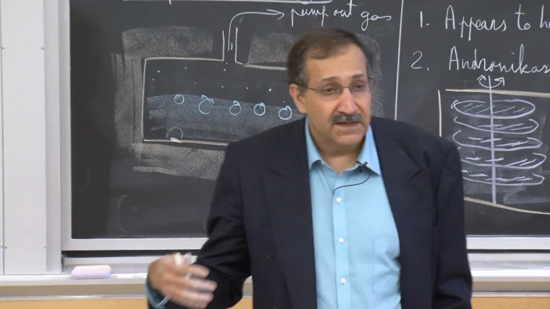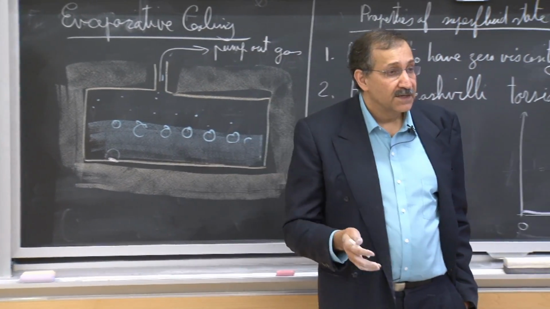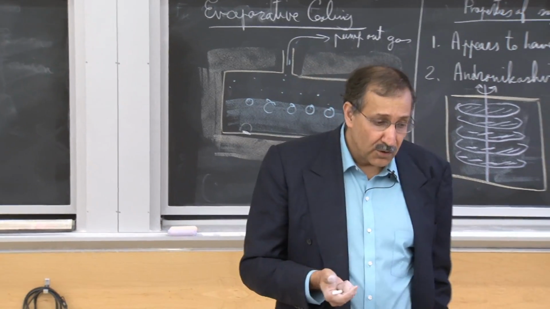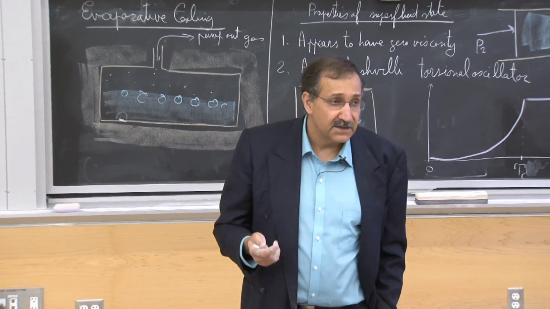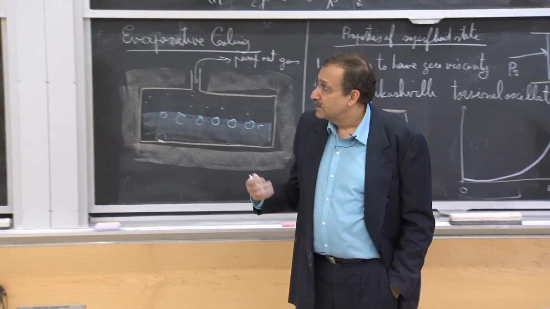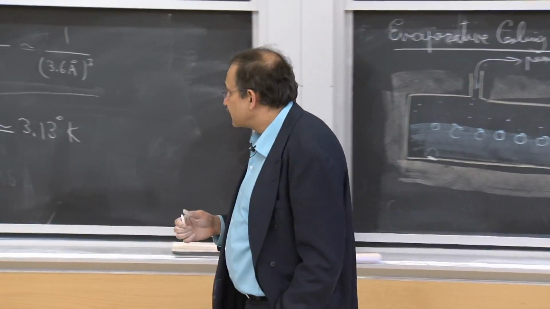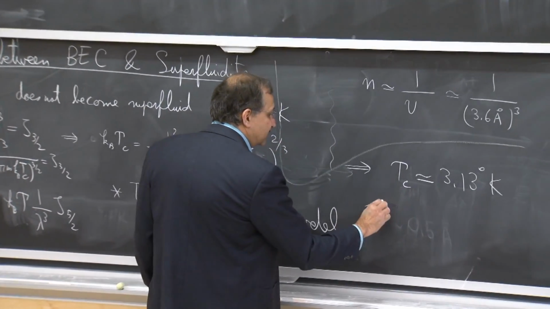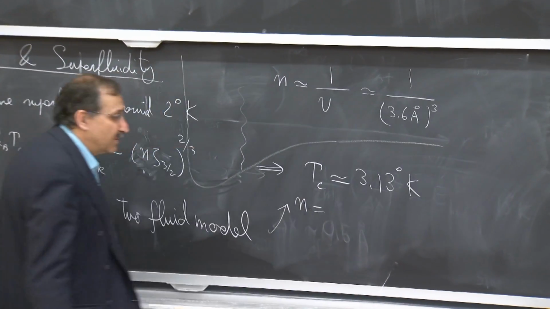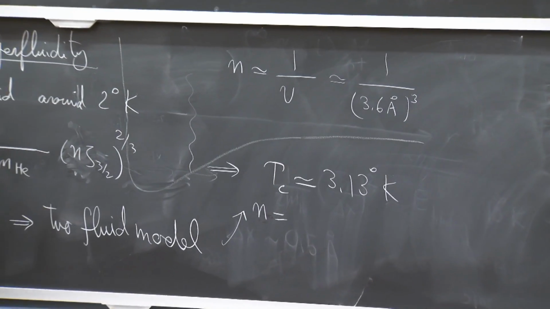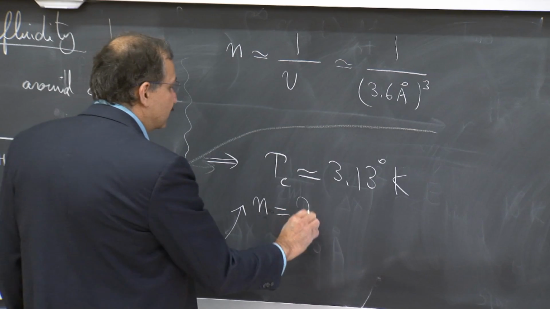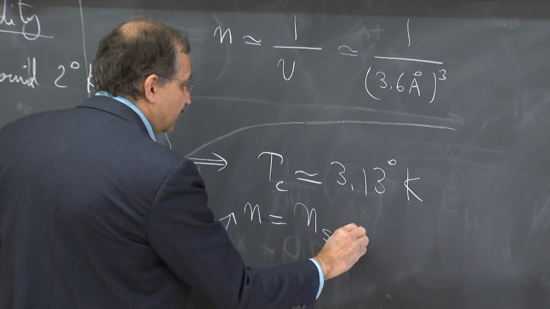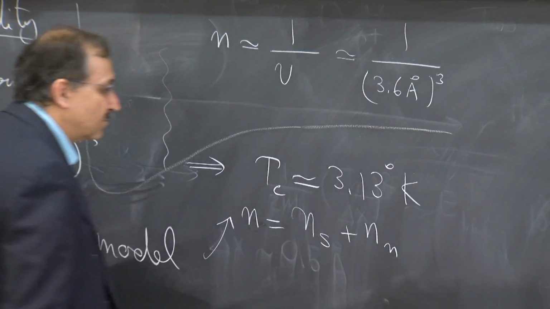Pressure, heat capacity, everything came from the excited component, whereas the component at the k equals 0 state was not making any contribution to these phenomena. So what he proposed was that similarly, when you are in the superfluid, you really have two components, two fluids that are in coexistence. There is a superfluid component and there is a normal component.